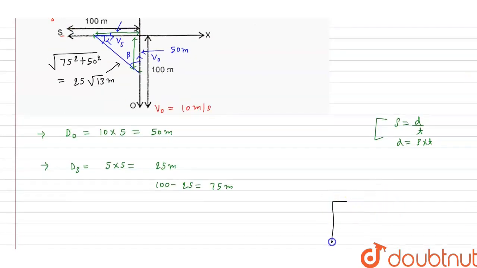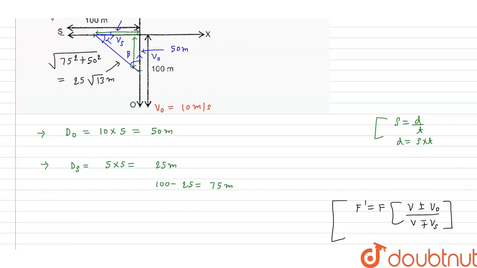Using the Doppler effect of sound, f dash is equal to f into v plus minus v0 divided by v minus plus vs, where v0 is the velocity of observer, vs is the velocity of source, v is the speed of sound, f is the frequency and f dash is the apparent frequency.